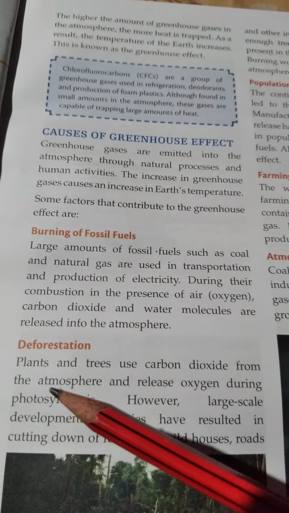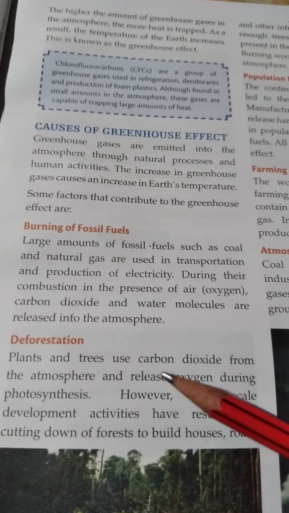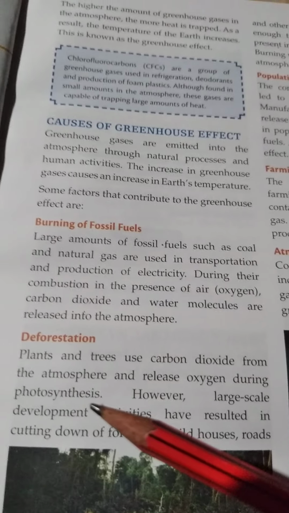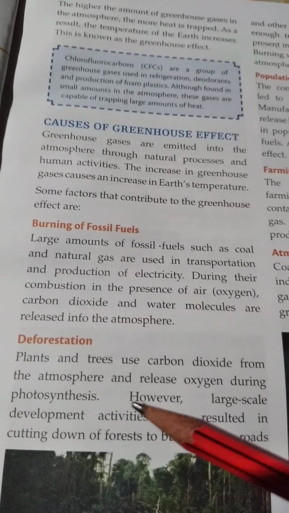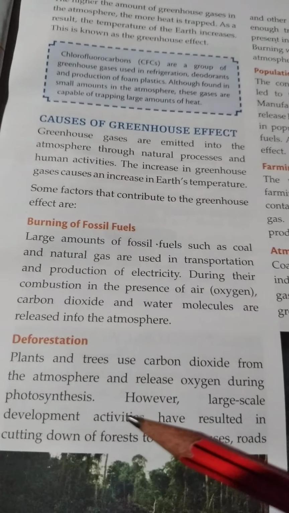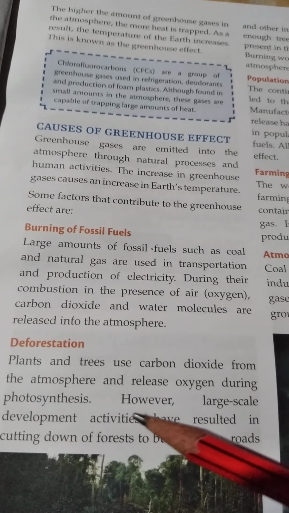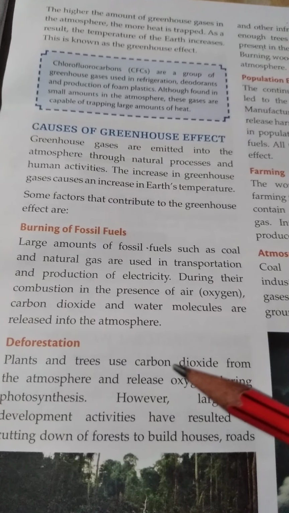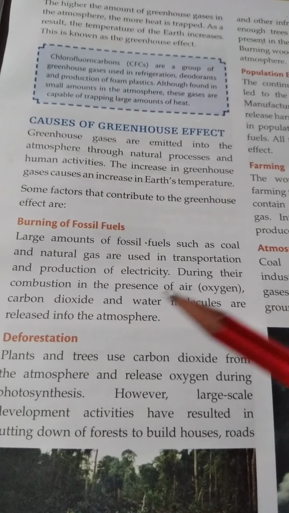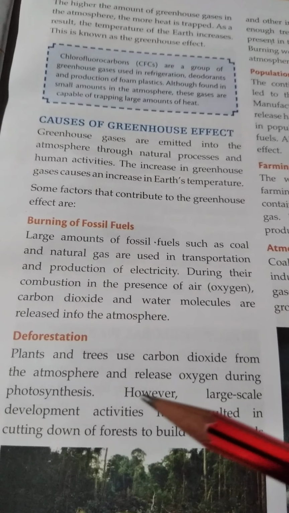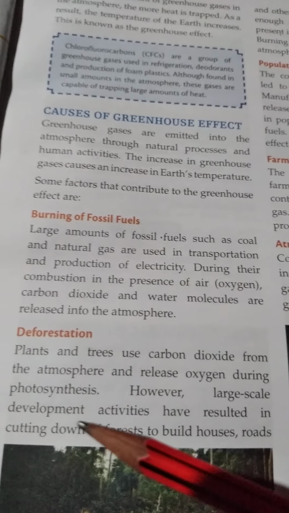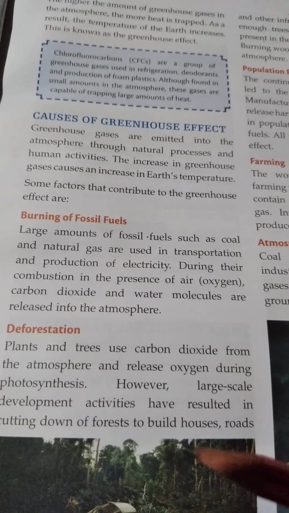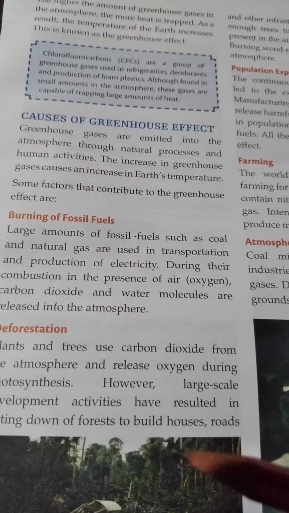Deforestation. Plants and trees use carbon dioxide from the atmosphere and release oxygen during photosynthesis. So plants and trees absorb carbon dioxide and release oxygen during photosynthesis. However, large scale development activities have resulted in the cutting down of forests to build houses.